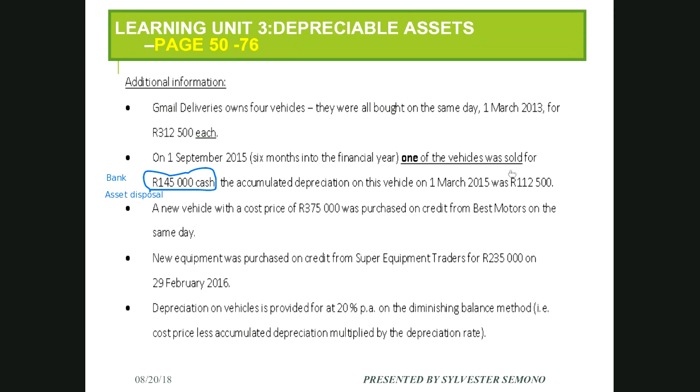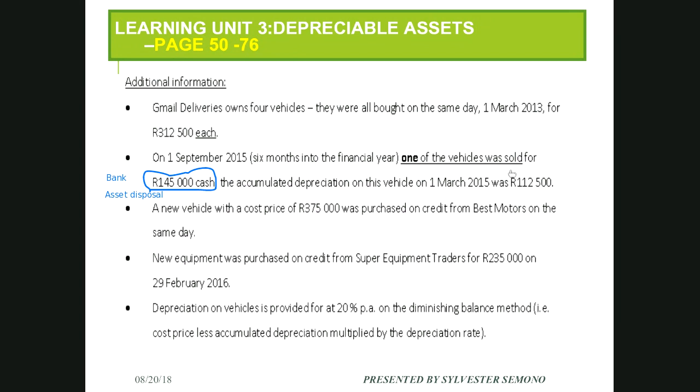Are you okay? What will be the contra? Asset disposal. Remember the two accounts were bank and asset disposal. Meaning asset disposal is the contra with the bank. Are we okay?